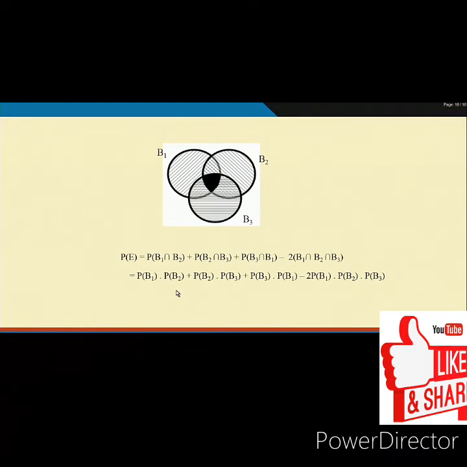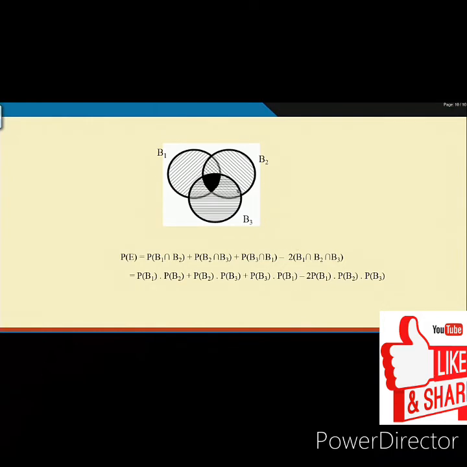If you proceed in this manner, your ultimate aim is to find the probability of E. This is the equivalent Venn diagram, and what is required is the probability of B1 and B2 intersection, B2 B3 intersection, and B3 B1 intersection, and then minus the joint one, B1 B2 B3, this black one.